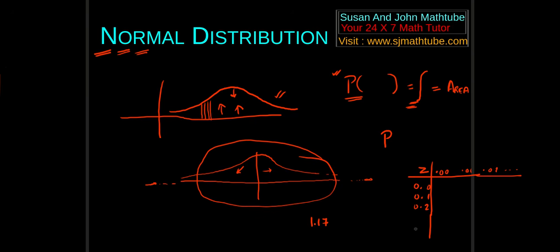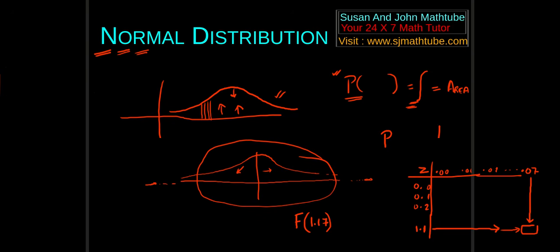All you have to do is go down and find 1.1, and then move in this direction so that you will reach 0.07, and this particular value where 1.1 and 0.07 meet will give you capital F of 1.17.